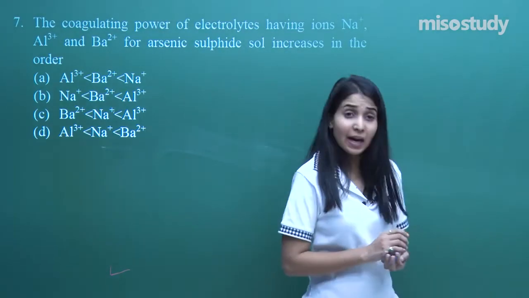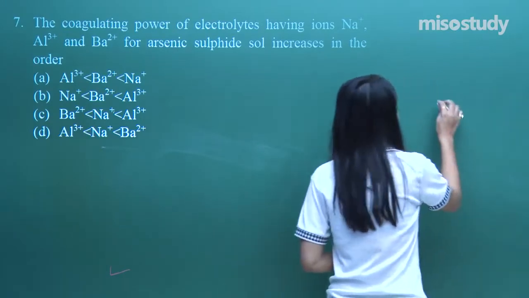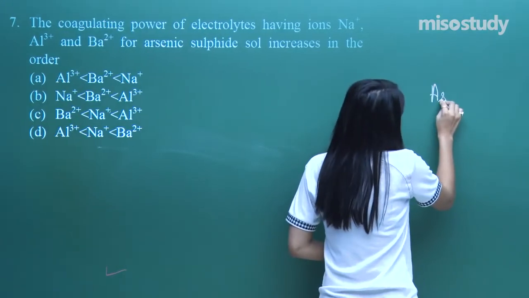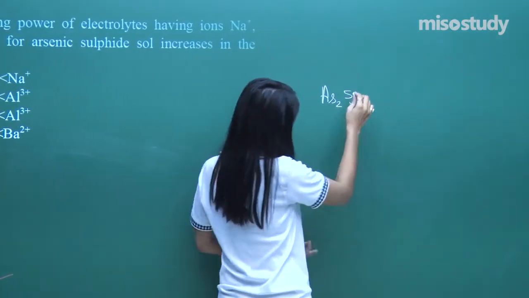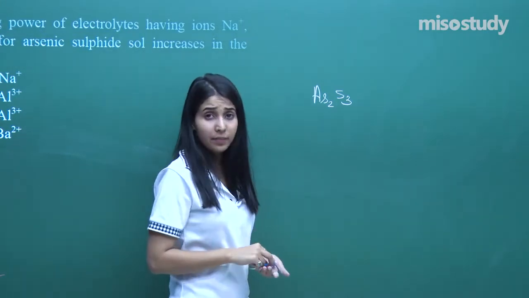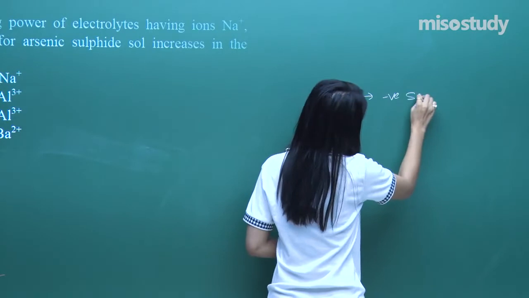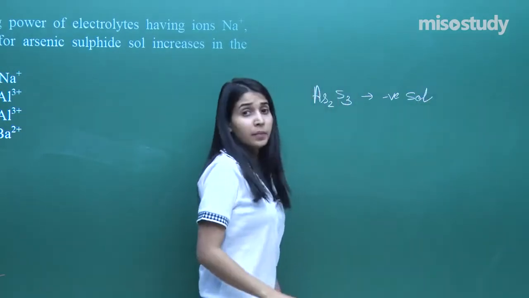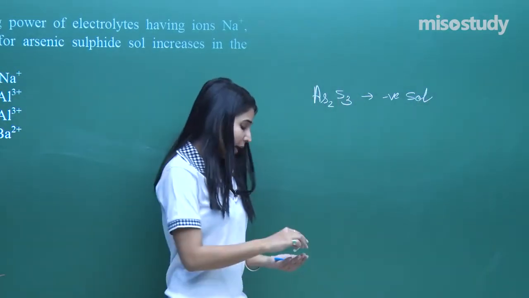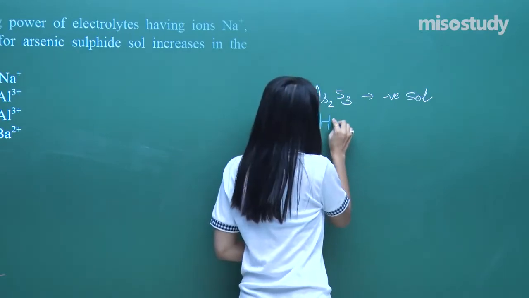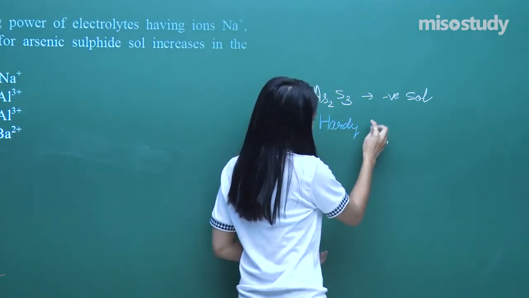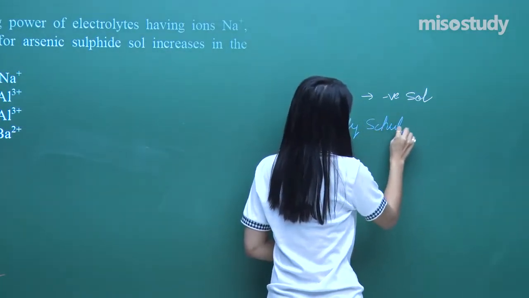Now they say that I have my arsenic sol. This is my arsenic sulfide. Now this is a negative sol, right? And now what do I have to apply? I know about my Hardy-Schulze rule.